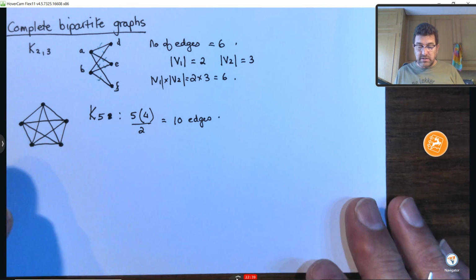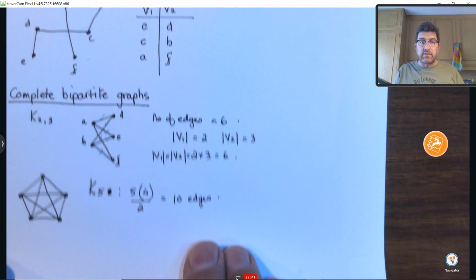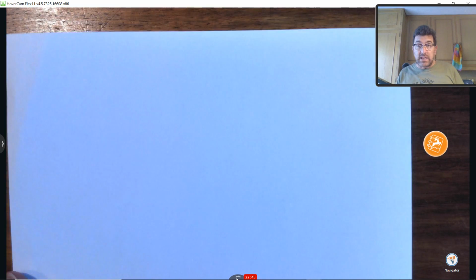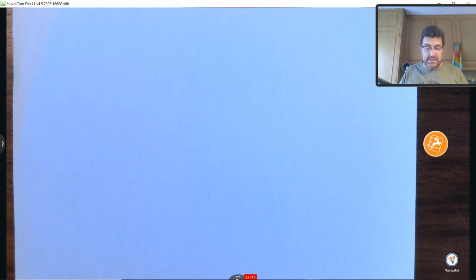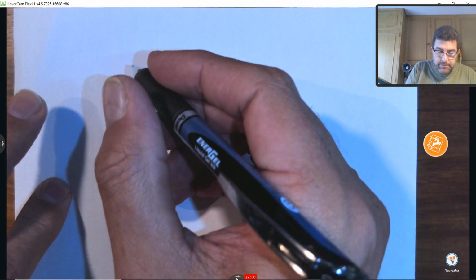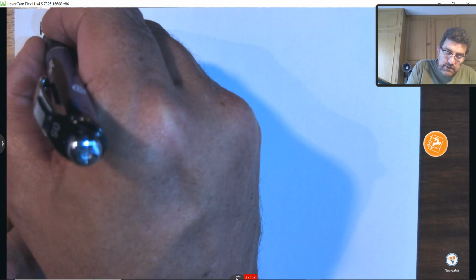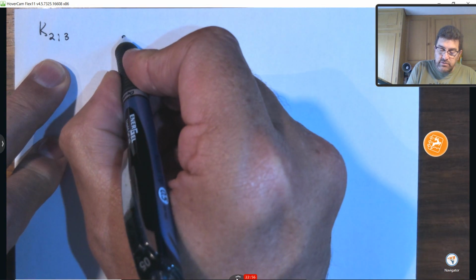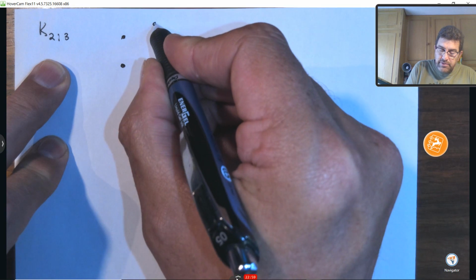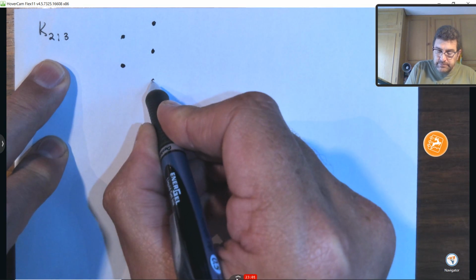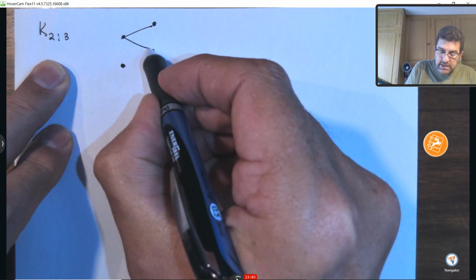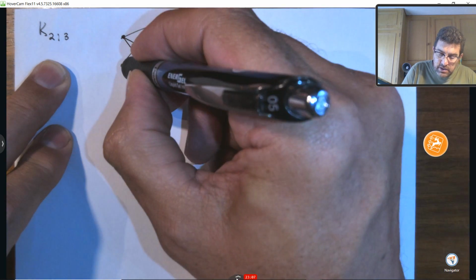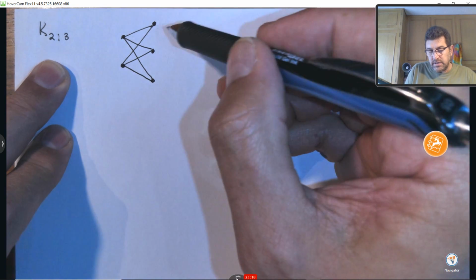Let's talk about the next focus, and what I want to focus on next is just quickly talk about the complements of graphs like this. So K2,3 is a graph with 2 vertices in one set and 3 vertices in the other, and there's no adjacency between vertices in each set.